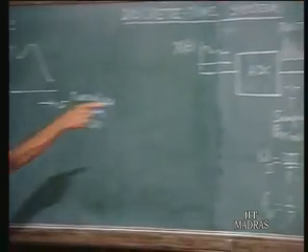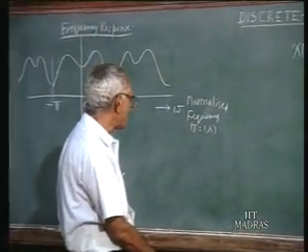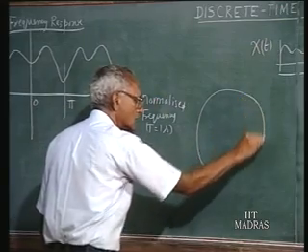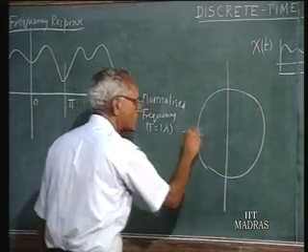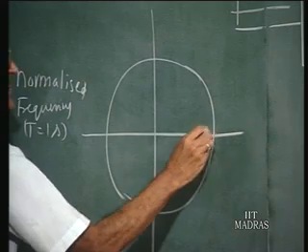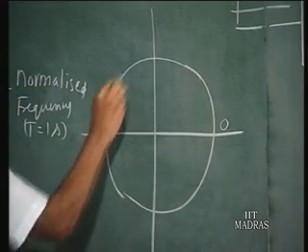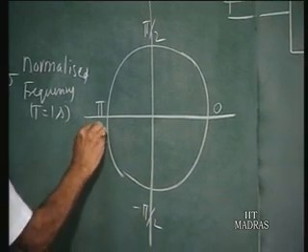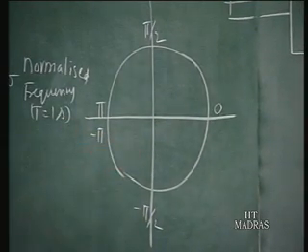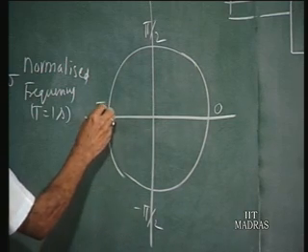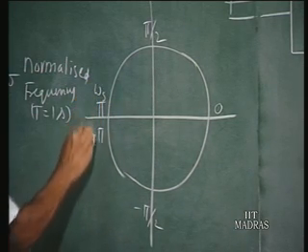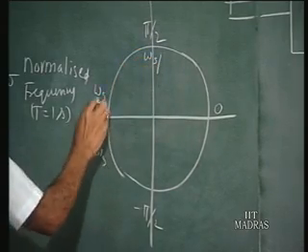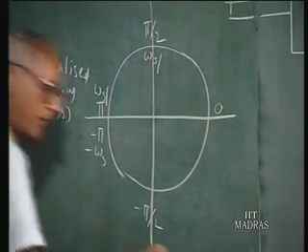Now, if H(e^{jωT}) is the frequency response, then our unit circle, earlier in terms of the normalized variable, we put 0, pi, pi by 2 and minus pi by 2, minus pi and so on. But in terms of the actual frequency now, you can write this as ωs, this is minus ωs, I am sorry, this is ωs by 2.